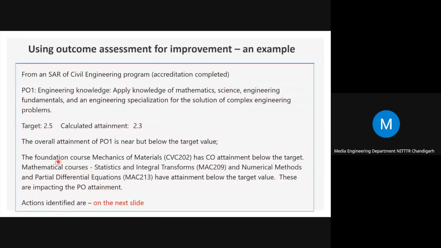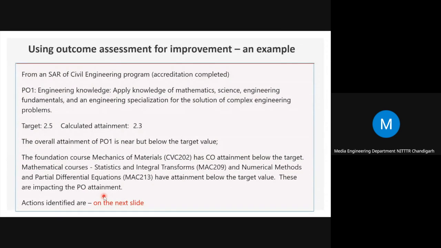Similarly, this course was from foundation courses, and similarly there were mathematical courses. One is this stat course, second is the numerical methods course. Those mathematical courses also had attainment below the target value. So when some of the courses are below the target value, overall PO will be less than the target value, right? So they identified that these are impacting the PO attainment.